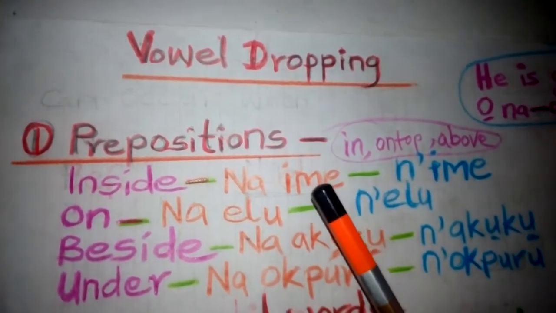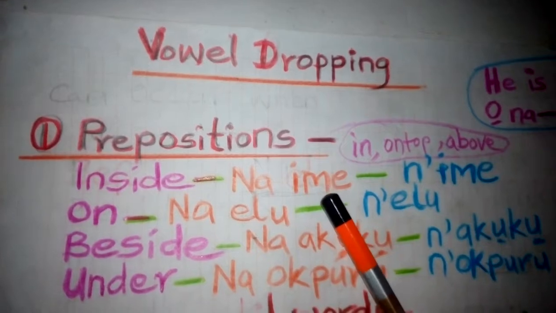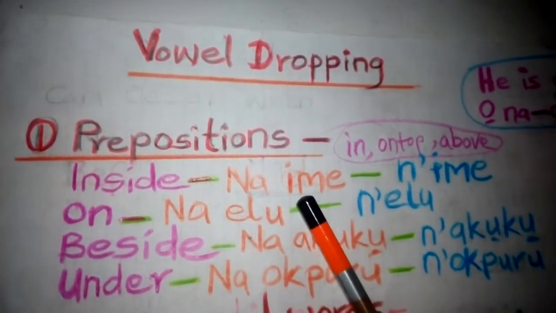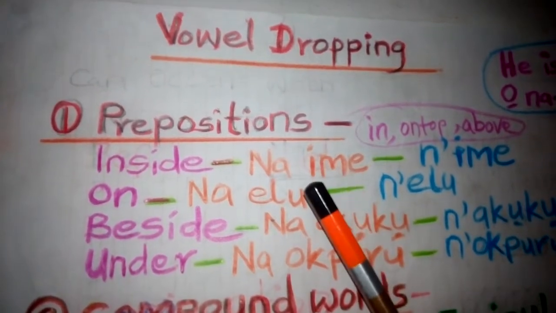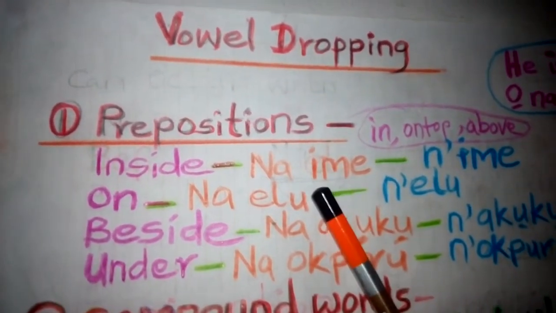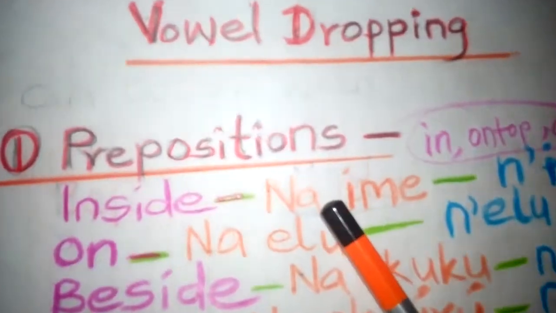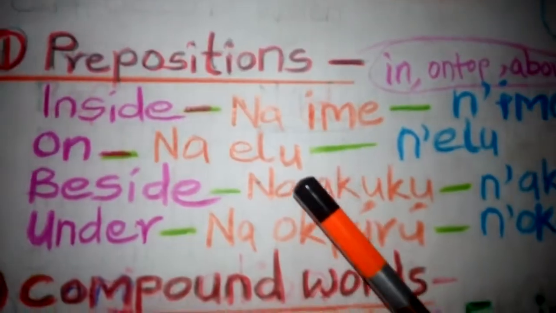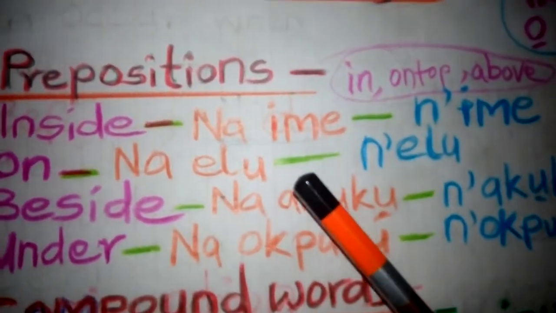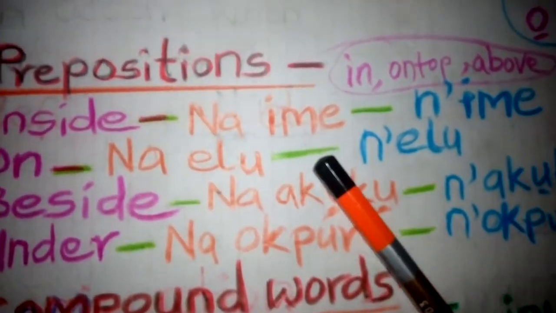And you can only do this when na is acting as a preposition in a sentence. When na is acting as a preposition in a sentence, you can drop the a.